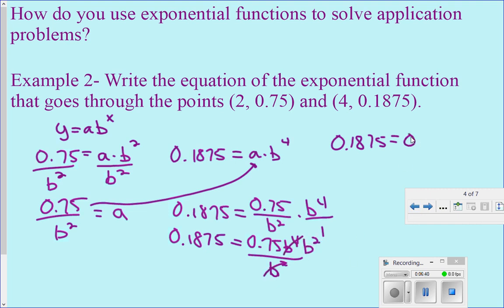So we have 0.75 b squared. So I'm going to divide both sides by 0.75. And I get 1/4 when I do that, is equal to b squared. So then I can take the square root of that.